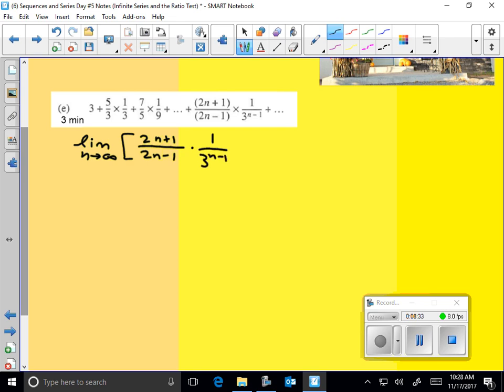Would you agree with me that as we go to infinity, these would go to 1, right? 2n over 2n would go to 1, and then this obviously would go to 0. So this would go to 1 times 0, which would equal 0. So we know the sequence converges, but we're not quite sure if the series converges yet.